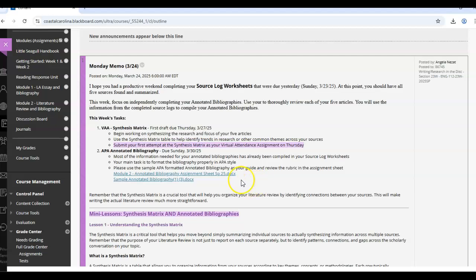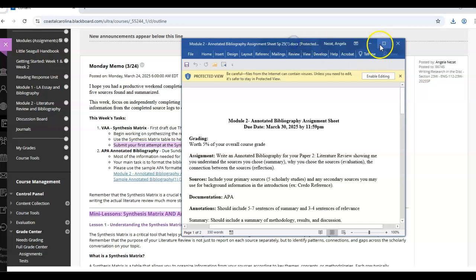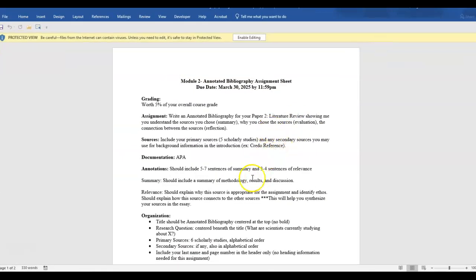Okay, if you open up that assignment sheet, let me pull it over. If we look at this assignment sheet, you're going to include all your 5 sources, again with APA documentation.